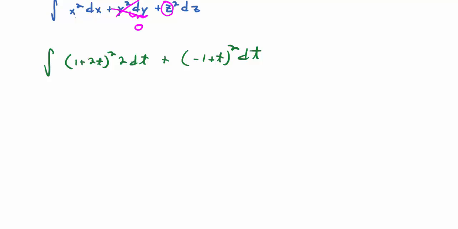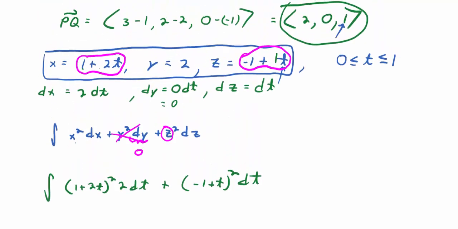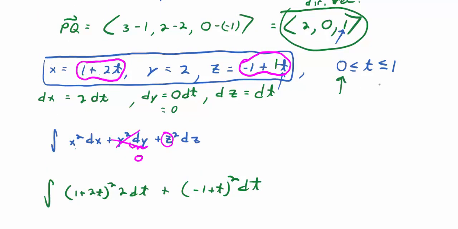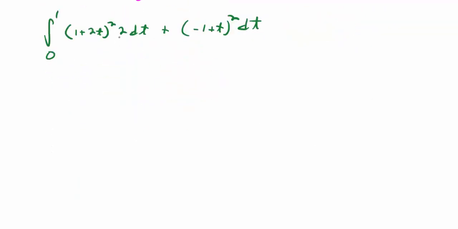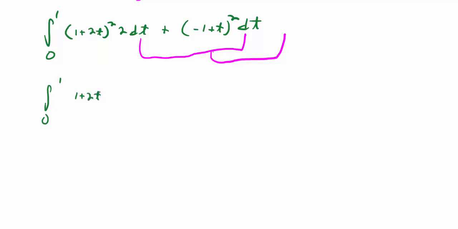And then what are the limits of integration, by the way? 0 to 1. But then look, if you just factor out the dt, it really is a calculus 1 type integral, isn't it? So you get the integral from 0 to 1 of 1 plus 2t quantity squared times 2 plus negative 1 plus t quantity squared, and then I'll put brackets around that entire thing, dt.